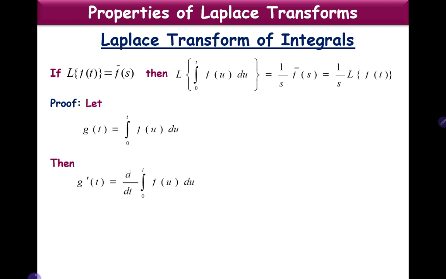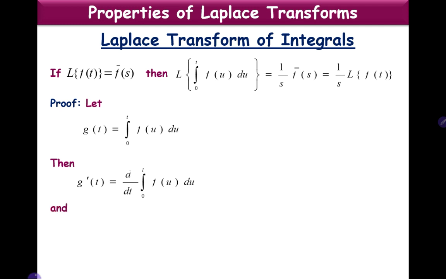Then g dash of t, that is the derivative of g with respect to t, is equal to d by dt of integral 0 to t f of u du. Now to derive this integral, we use Leibniz's rule or derivative under integral sign. What does it state? Let us look into the Leibniz's rule.